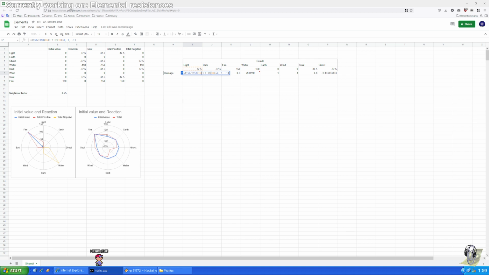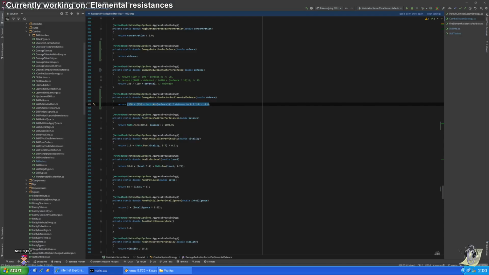Oh, this is gonna be abs. Yes. So minus 150 is minus 0.5. 150 is 0.5. Yes. So yeah, that was actually a problem that we just fixed because of this negative defense value.